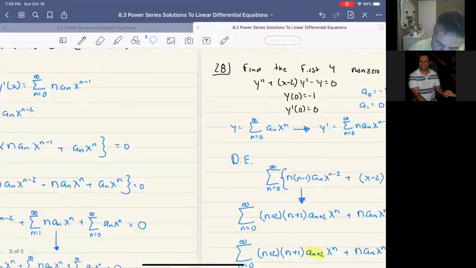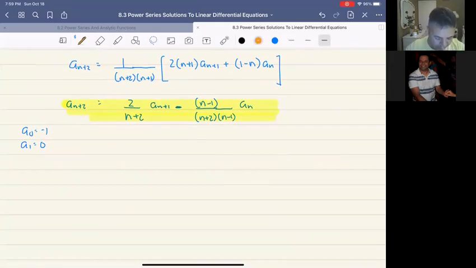Now, a sub 2. That is, of course, the n equals 0 case. So we're going to take a sub 2 equals 2 over 2, so 1, a sub 1, minus -1 over, this was n plus 1.